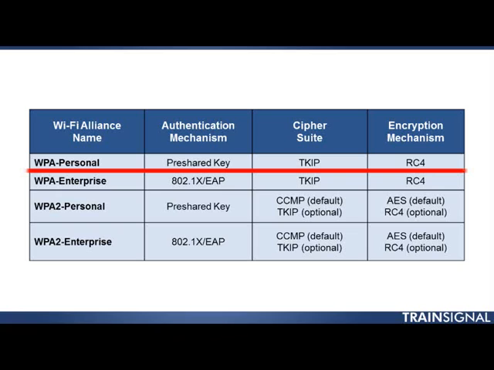Now, WPA Enterprise is exactly the same, except the authentication mechanism is going to use something called 802.1x and EAP. Okay, so this is a much more sophisticated form of authentication that is only used in an enterprise environment.